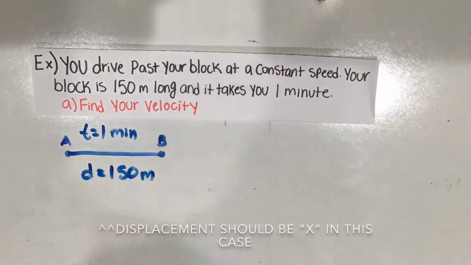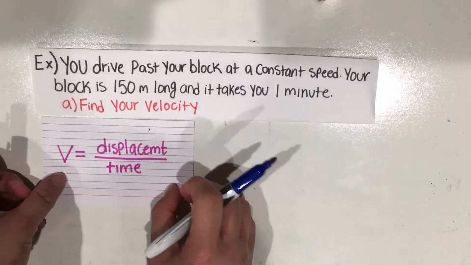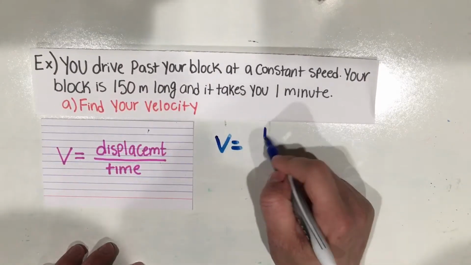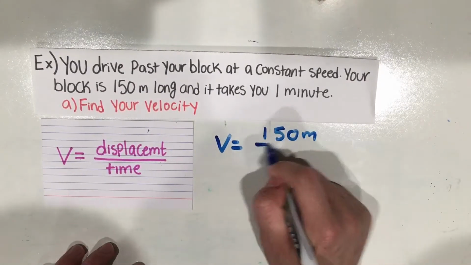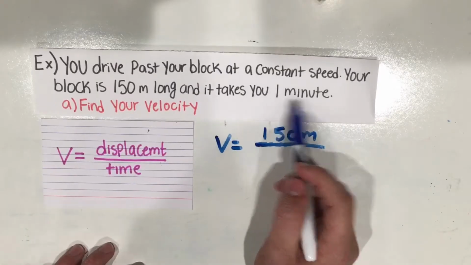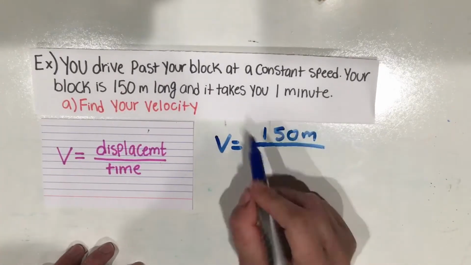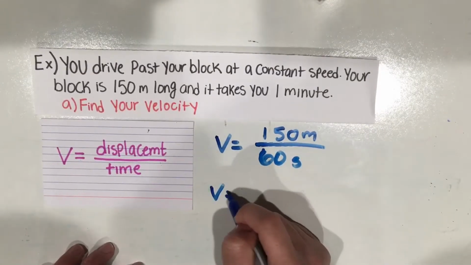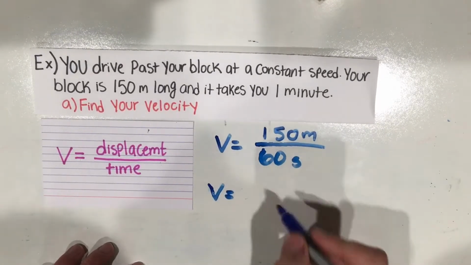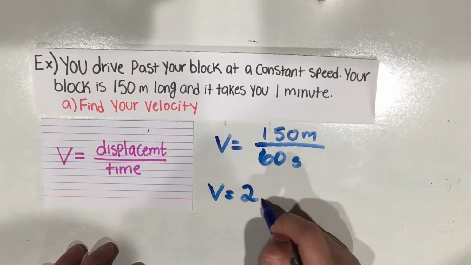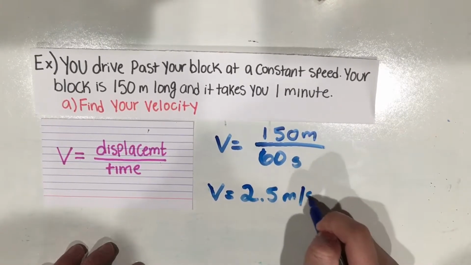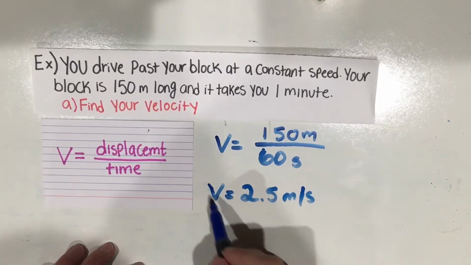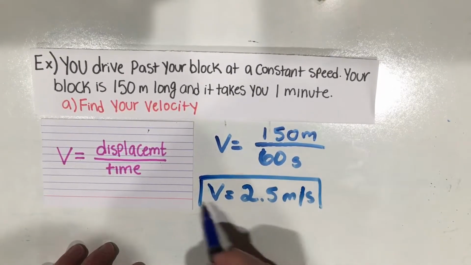Now we're just going to bring back our velocity equation, which is displacement over time. Displacement is 150 meters, but time is given in minutes in this problem, so we must convert it to seconds. It would be 60 seconds. After solving it, you'd get that velocity is 2.5 meters per second. It's important that we always include meters per second, just so we don't get velocity and acceleration confused.